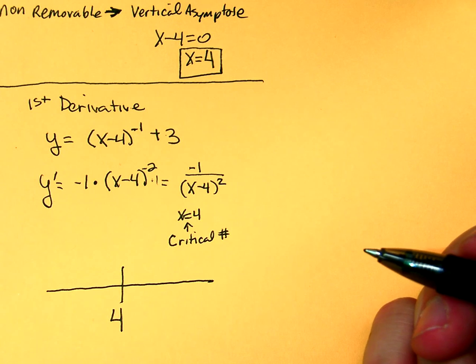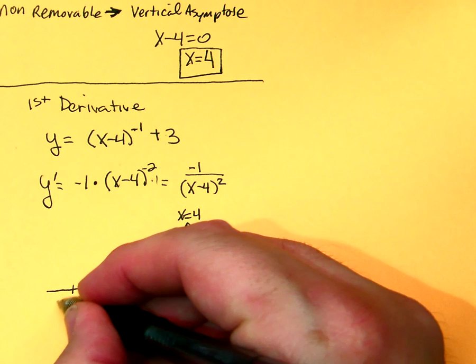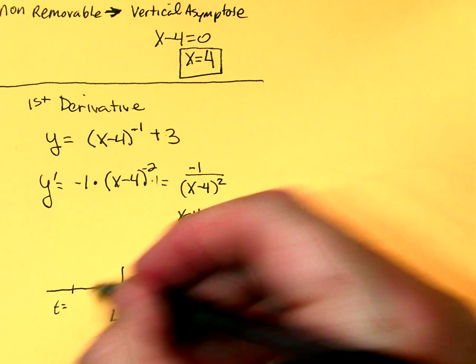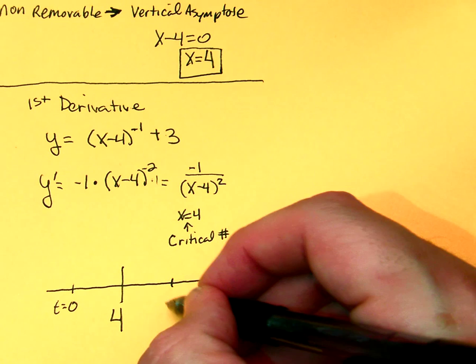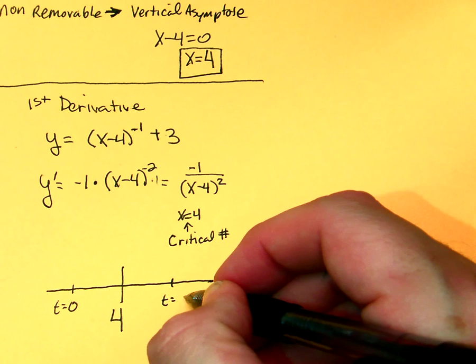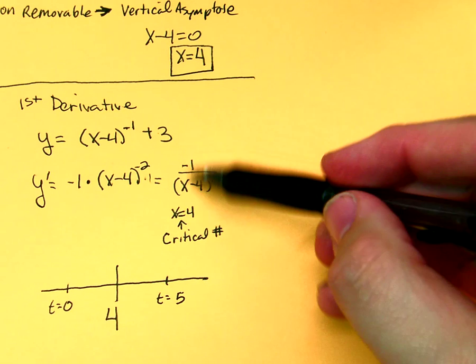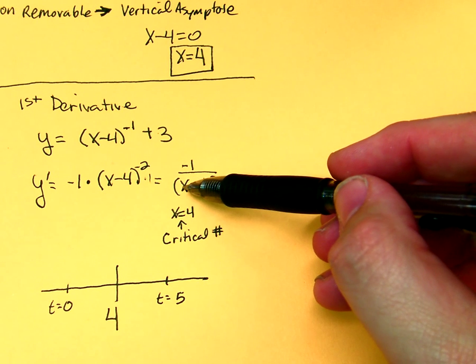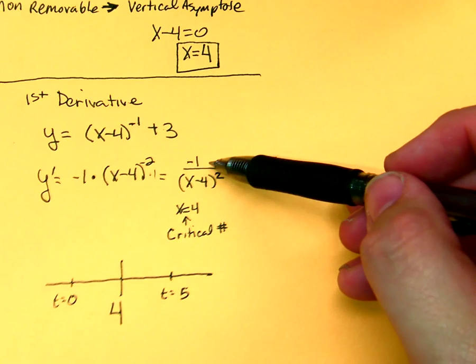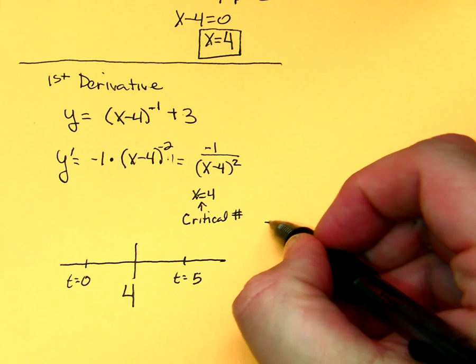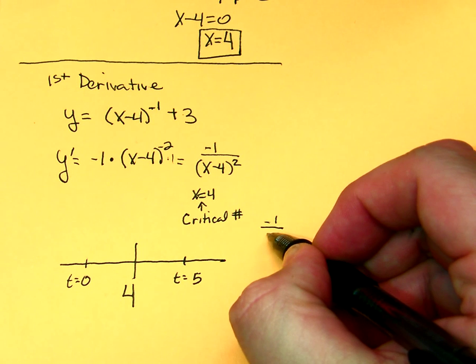So my test values, what's my first test value? 0. I like that one. Test value here? 5. All right, so if I put a 0 in here, I get negative 1 over 16, so that's negative.